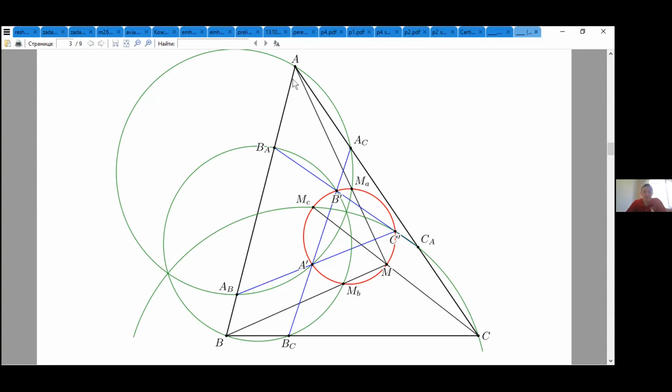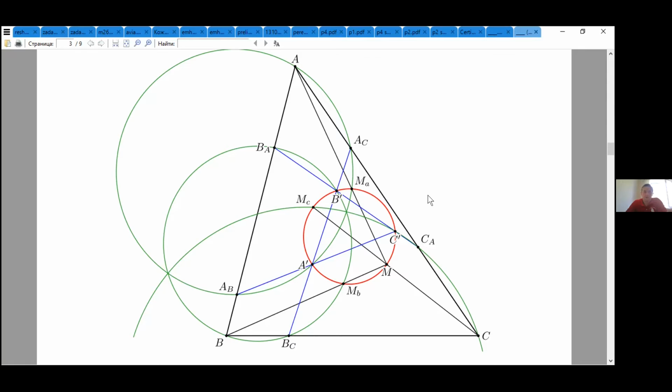In this construction we can calculate in an easy way the power of a point, say the power of point A with respect to the other two green circles. For example, ABA times AAB, sorry, ABA times AB will be the power of point A with respect to the circle B and B prime.